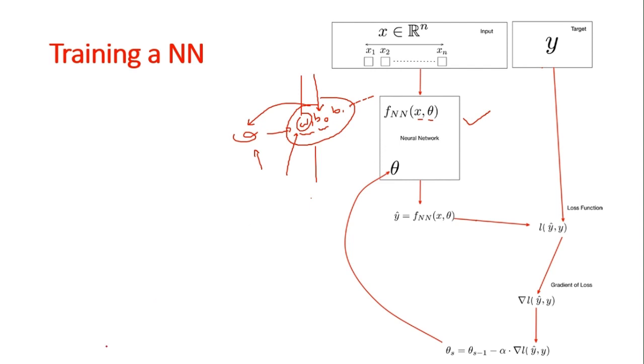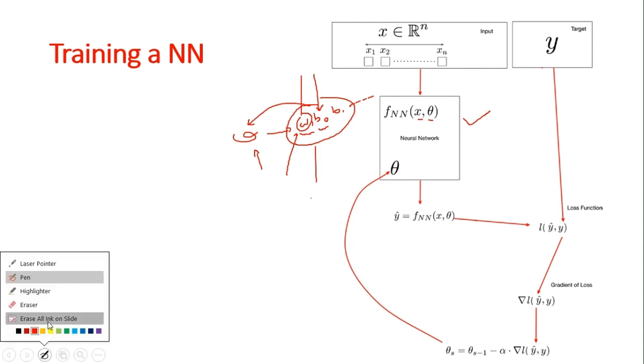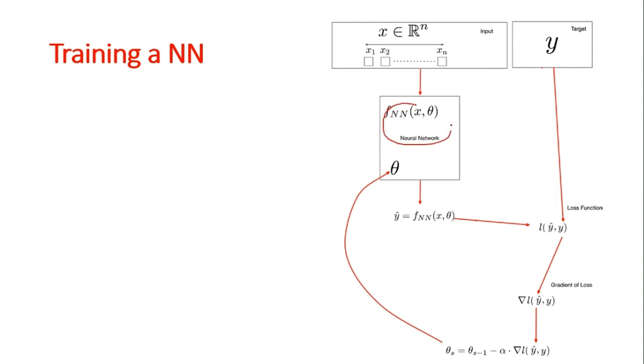Now assume that we have the neural network with input x and parameter vector theta. When we give x as input, x contains x1, x2 up to xn. When this neural network is given an input, you know that it will produce an estimation, an output, maybe a prediction or classification.